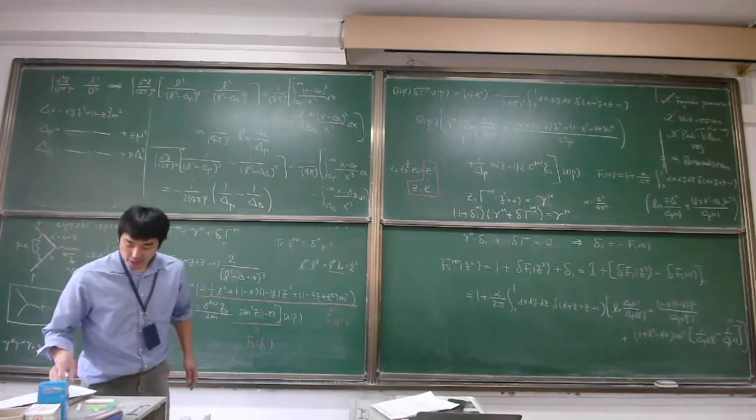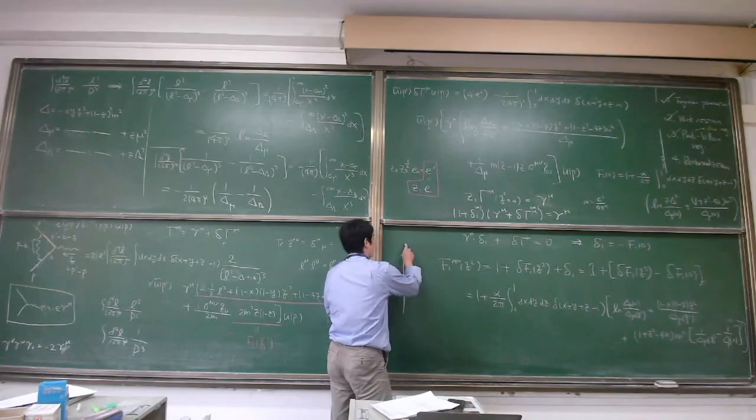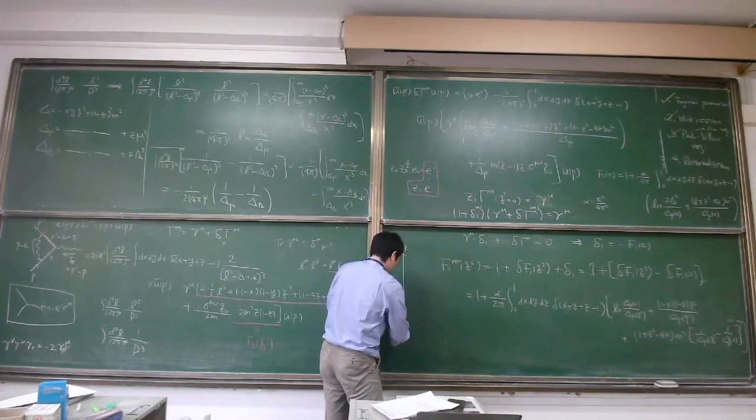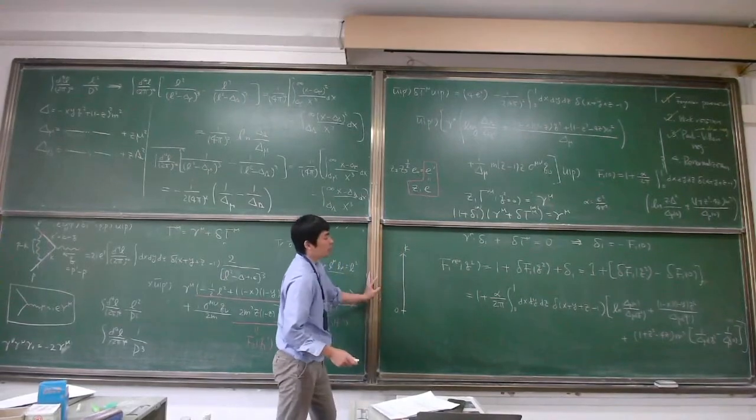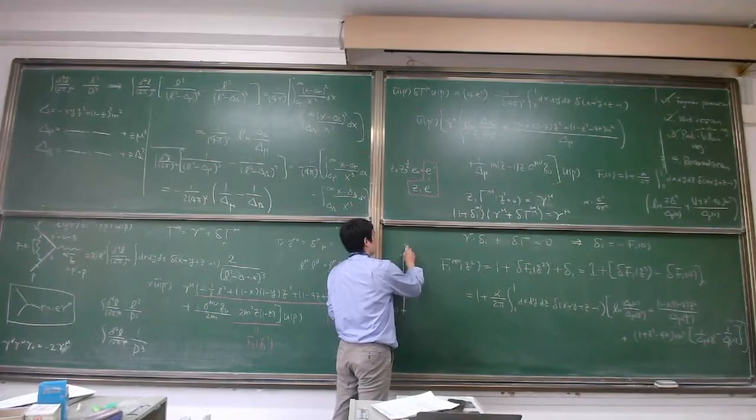So what we did is, okay, the space of the momentum k, and k equals 0. Or maybe q is also okay, say q.